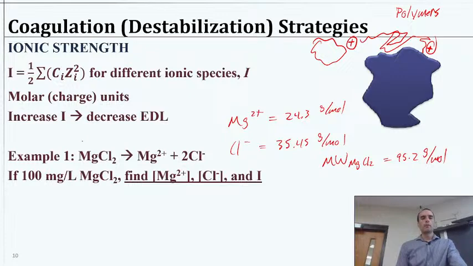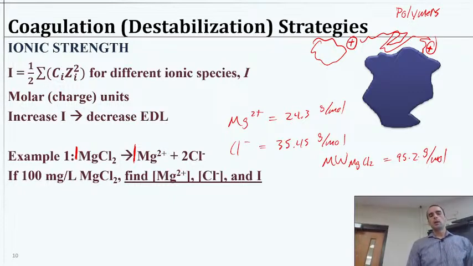So I'm going to find the moles per liter of this, and we could consider that 1 mole of it yields 1 mole of magnesium 2+, and 2 moles of chloride. So considering that will allow us to understand how many moles per liter of each of these we got. So that's why we needed the atomic weights for magnesium and chloride.